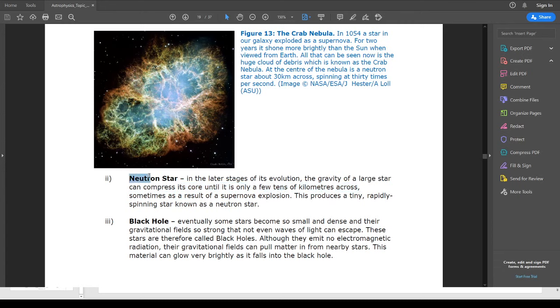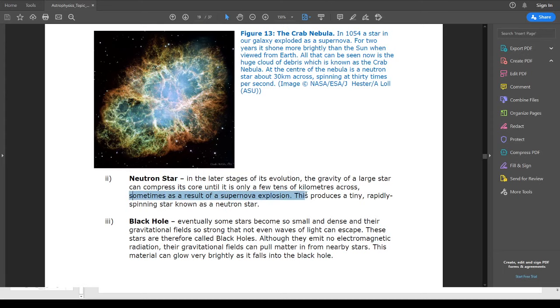In the later stages of its evolution, the gravity of a large star can compress its core until it is only a few tens of kilometers across. So it compresses the whole star after the supernova. It compresses the core remnants of the star to a very small space, like a few tens of kilometers in diameter. Across just means diameter.